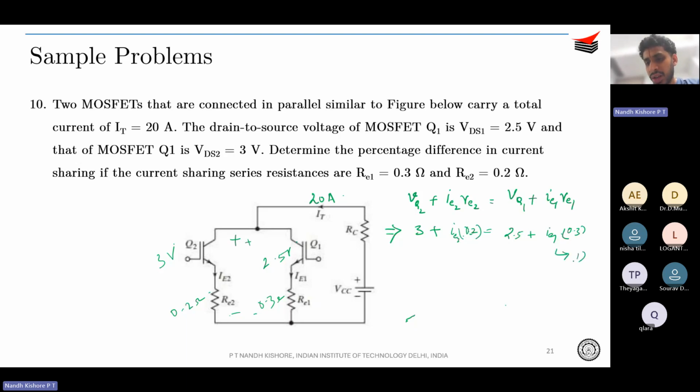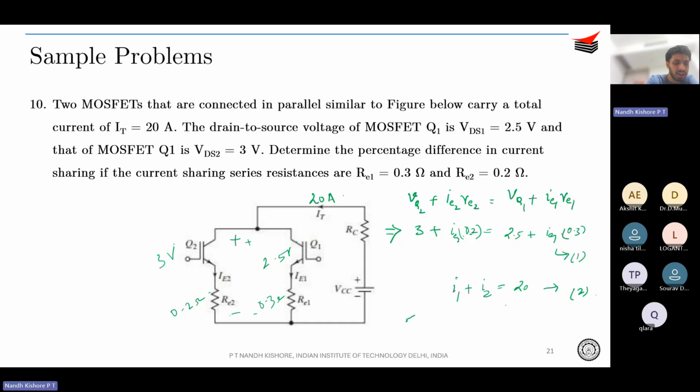So this is one expression. The other expression is I1 plus I2 is equal to 20. So these are two linear expressions with two unknowns, and you can easily solve it.